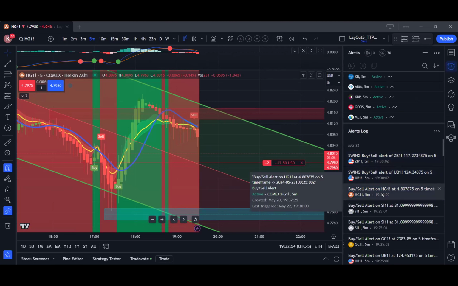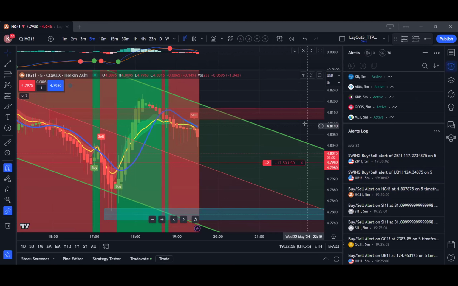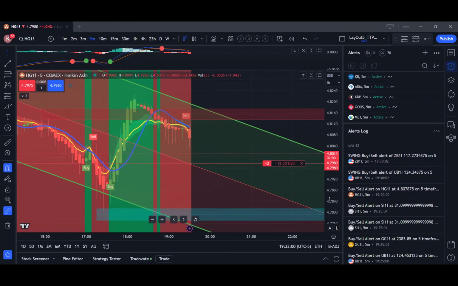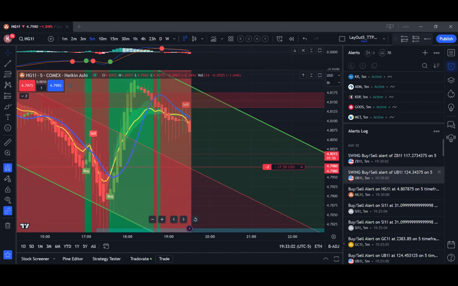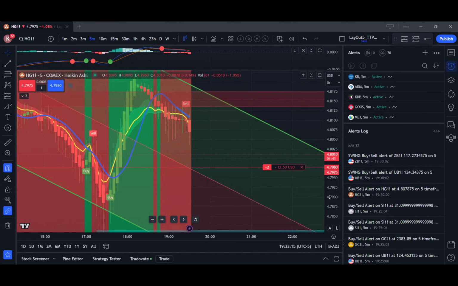So we got a sell here. The copper symbol is HG.